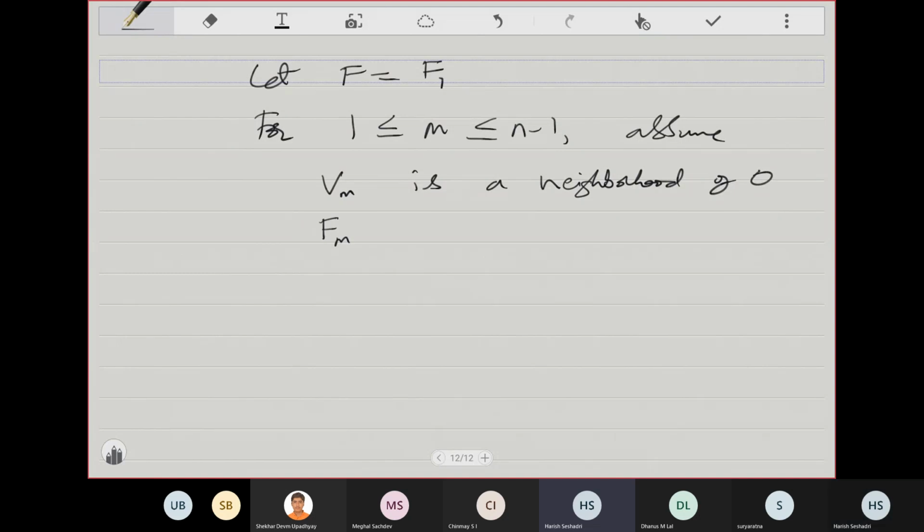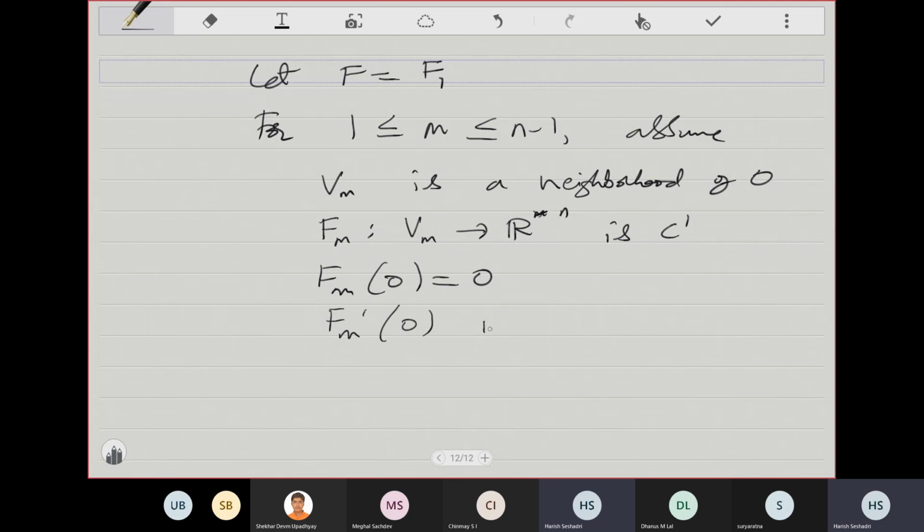Fm is from Vm to Rn, C1. So I assume that I already have Fm. The goal is to define Fm plus 1 in a certain way. Fm(0) is 0 and Fm prime at 0 is invertible.